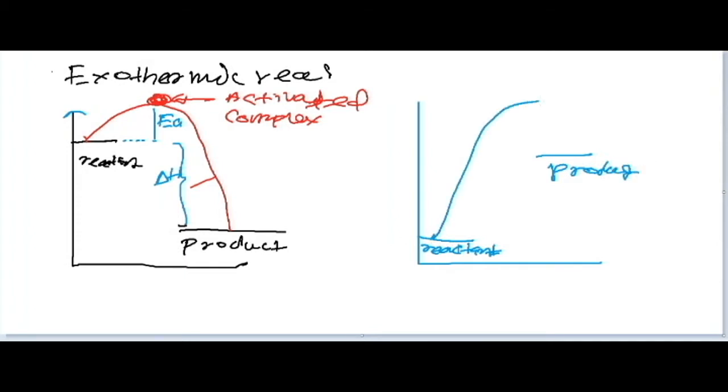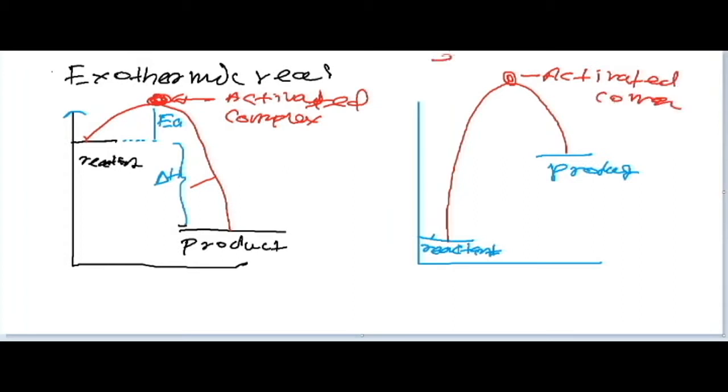Therefore the reaction start from this point, we'll use red color, and reaction start from this point and like this. Then you can easily understand what about this one, and this is the point of activated complex for endothermic.